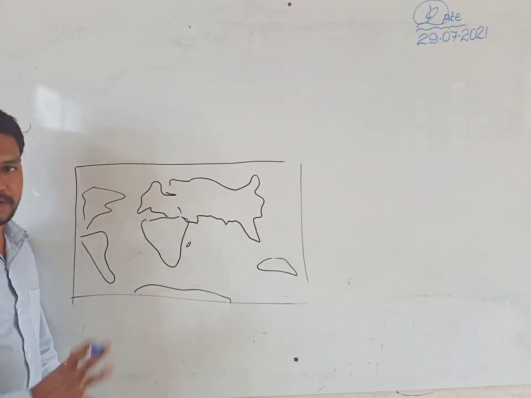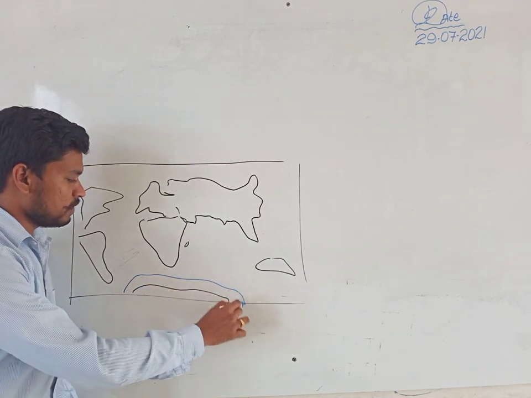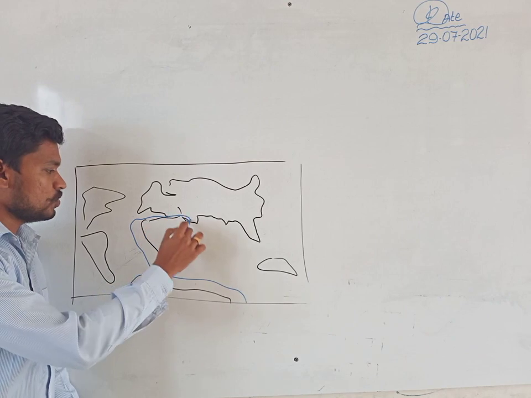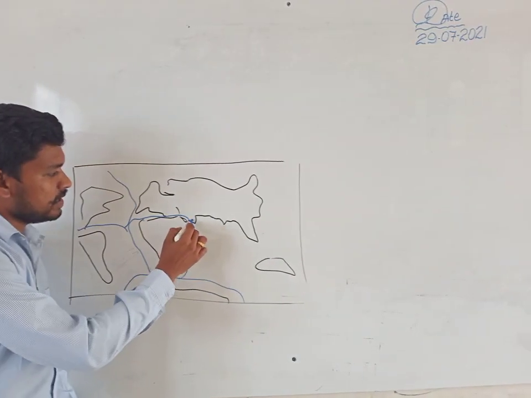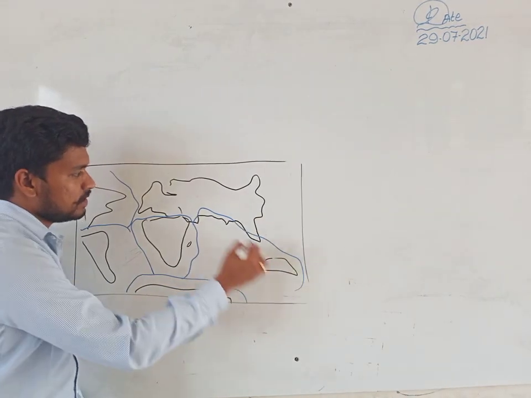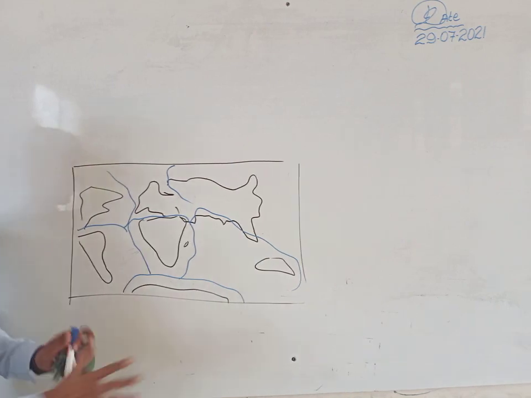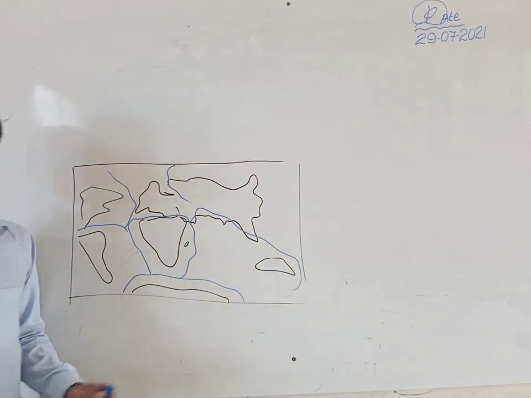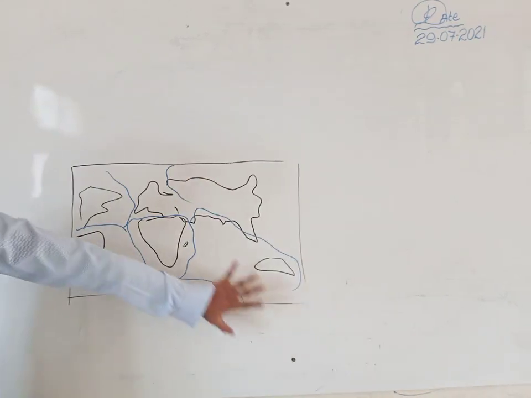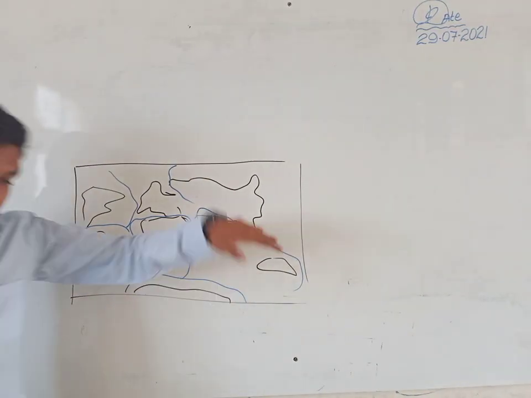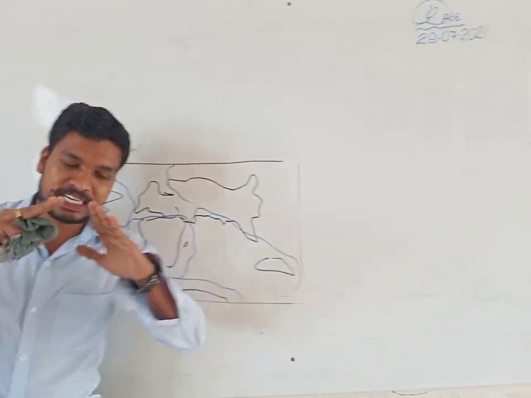We have 7 lithospheric pieces. One is this one, 1, 2, 3 and 4, and here we have 5, and here we have 6. That's what a plate means. The crust is not continuously connected, it's broken in between. In an ocean, if you go to the bottom, we cannot see it, but it is broken.